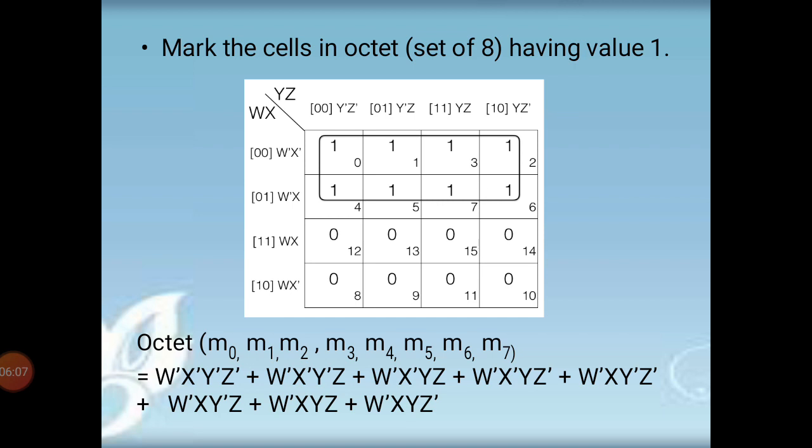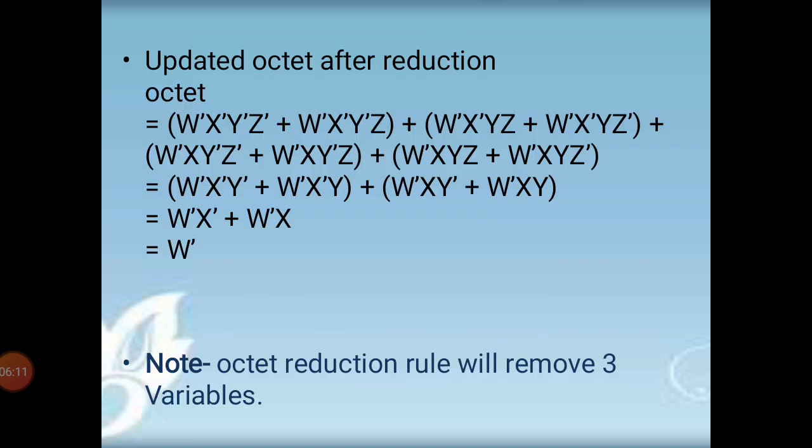The first one is X, the second one is Y, and the third one is Z. So our final reduction expression is W complement. We have removed 3, so octet reduction rule will remove 3 variables. We can directly remove the variables with the help of K-map, and it is quite easy.